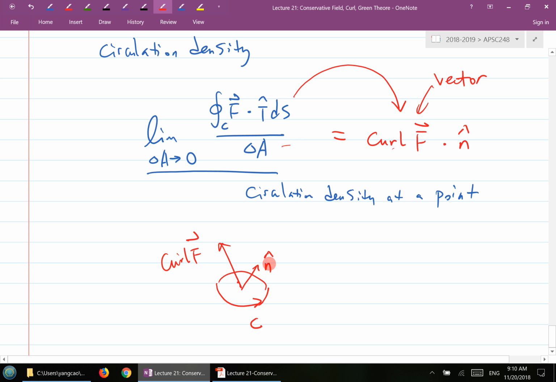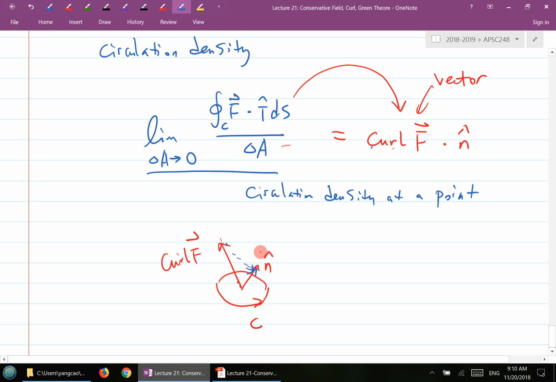So curl F points probably this way. Then you do the dot product, you get this projection, the length of the projection. And this length, the projection here, is equivalent to the circulation density at that point. That's basically what this means.